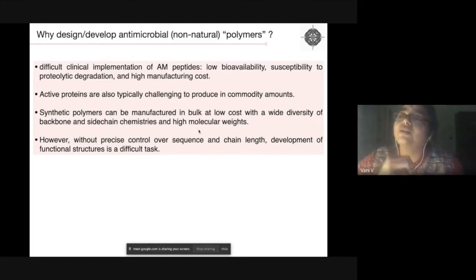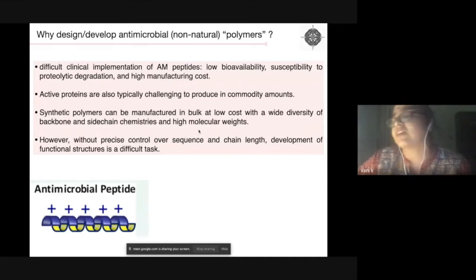But to introduce the nuance into this polymer so that it recognizes the difference and attacks only the bacterial is a very difficult task. And the experiments are also not very precise, and that's where simulations come in, because with simulations we can go to an atomistic scale and try to understand what exactly they are doing, right?